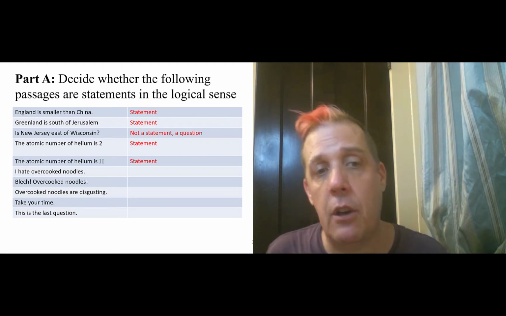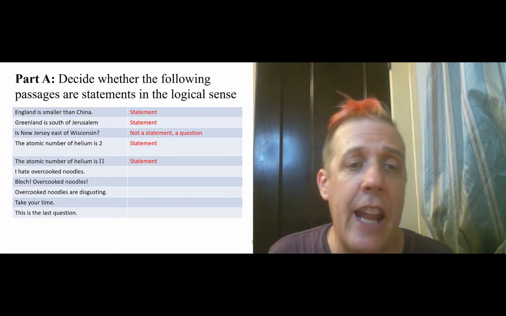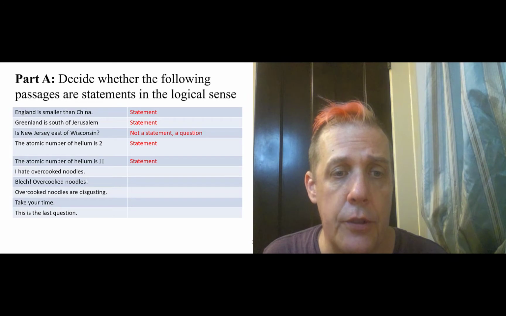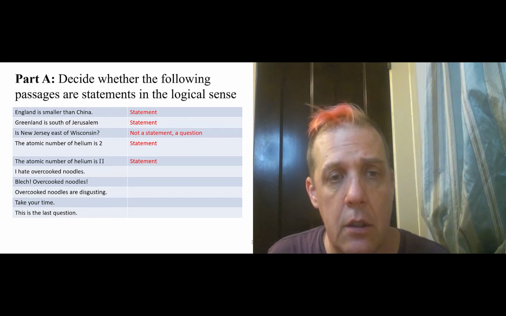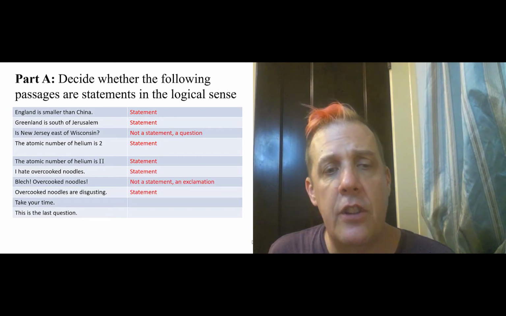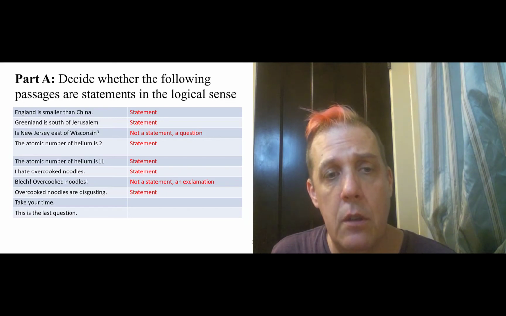So the next 3 go together, actually. I hate overcooked noodles. Blech, overcooked noodles. And overcooked noodles are disgusting. Actually, the first and the last ones are statements, and the middle one is an exclamation.